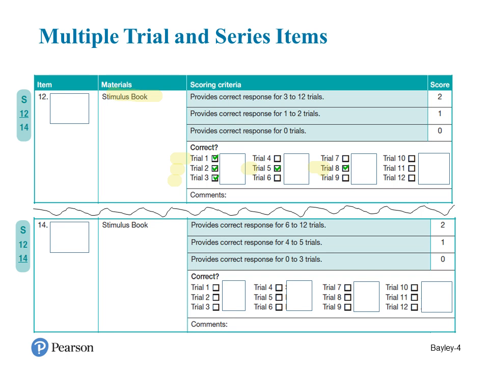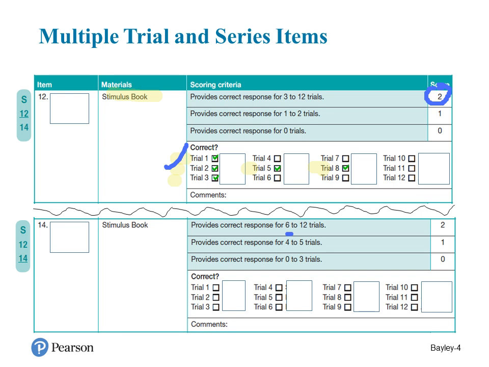And when we look at the criteria up here, you'll notice that if the child provides the correct response for 3 to 12 trials, you will assign a score of 2. And when you get down to item 14, you'll use the same information up here to assign a score for item 14. In this case, the child should get at least 6 correct in order to earn a score of 2.